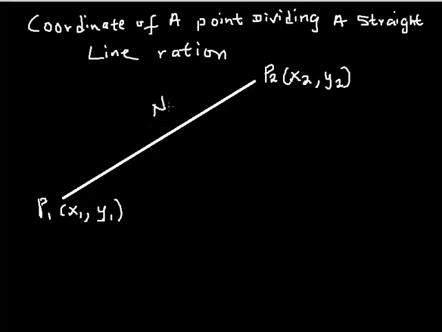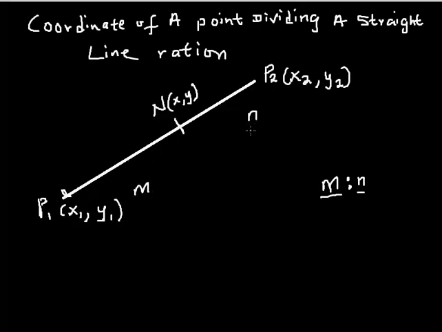I'll look for a point N that divides this line, not into equal parts, but into two unequal parts of ratio, let's say, m is to n. That means the first part should have the ratio m, while the second should have the ratio n.